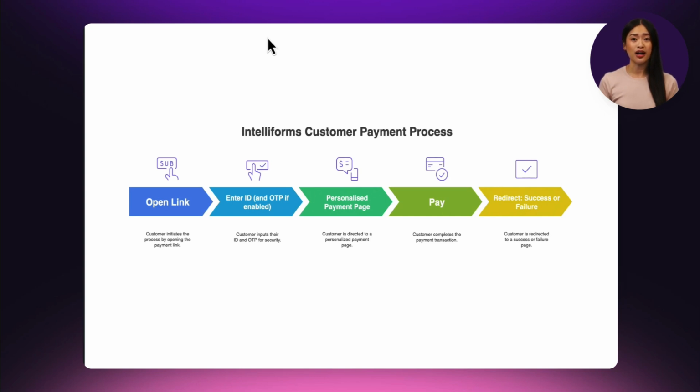Third, a personalized payment page. Once verified, the customer is redirected to a personalized payment page that displays their details, outstanding amount, and other relevant references. Fourth, the customer selects a payment method and completes the transaction using the secure payment gateway.